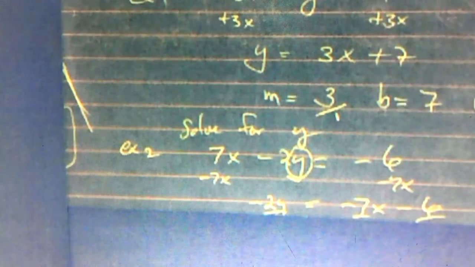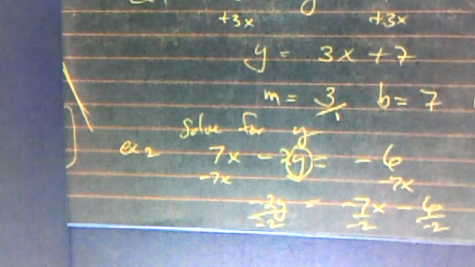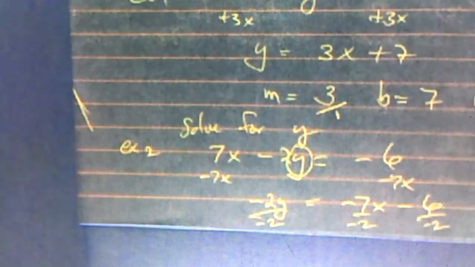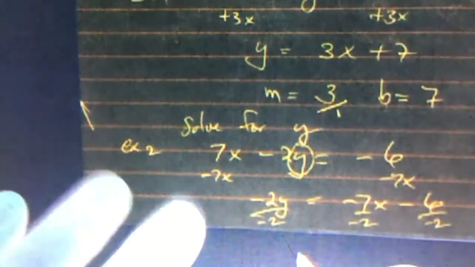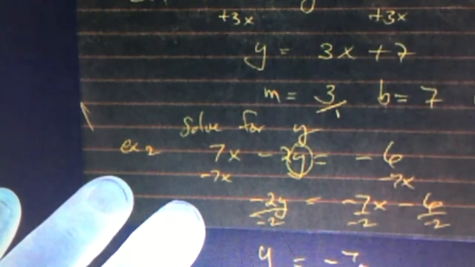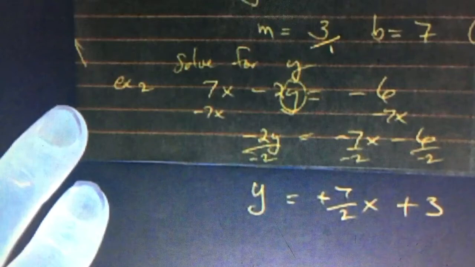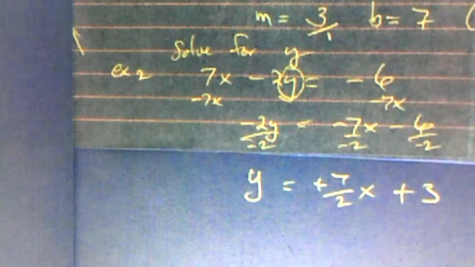Our second step is to divide by the negative 2, and we do, and we get y equals minus 7 over 2 x minus 3, because a negative divided by a negative is a positive, and 6 divided by negative 2 is equal to negative 3.